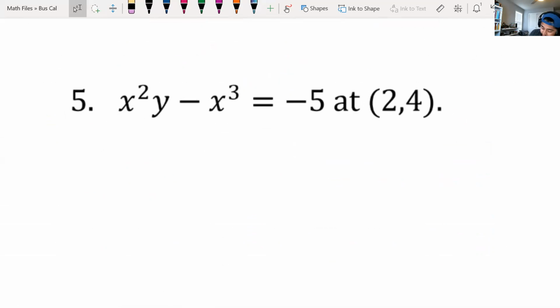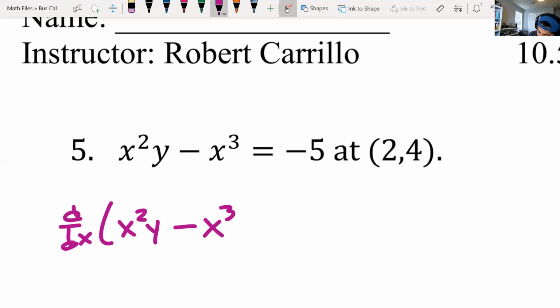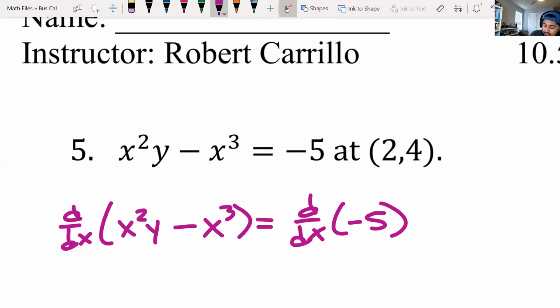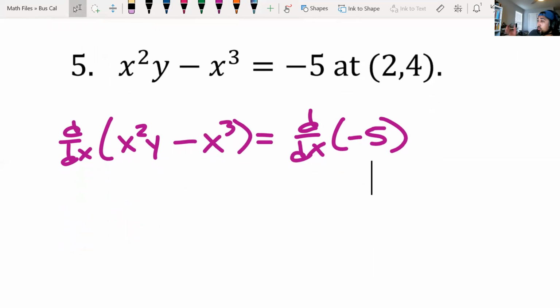All right. 5. Do it again. We'll say d over dx of x squared y minus x cubed equal to d over dx of negative 5. And once again, we have an x and y combined.